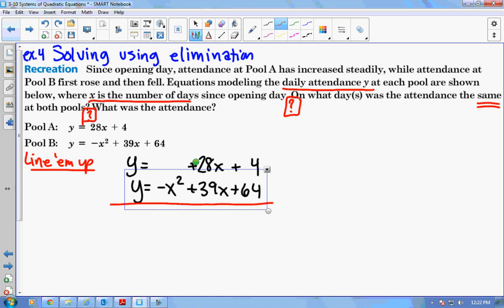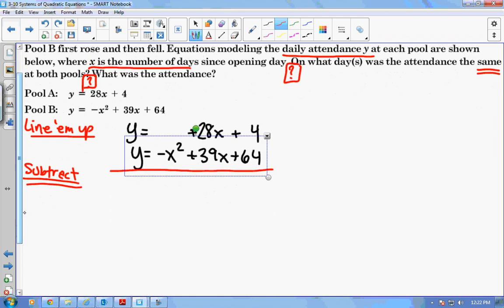Okay, we want to eliminate down to one equation. So to do that, we're going to subtract like terms. If I subtract, that means everything's subtracting. It was a positive y. If I subtract it, it's now going to be a negative y.